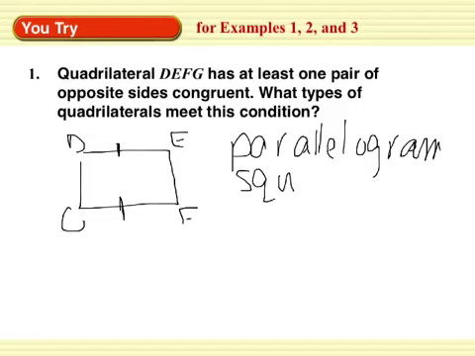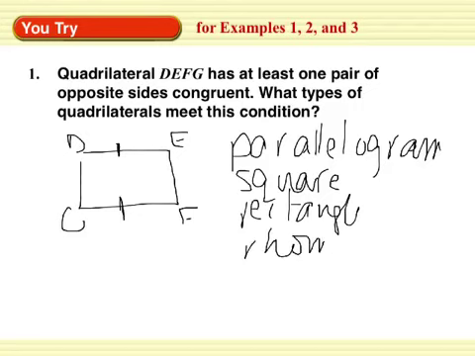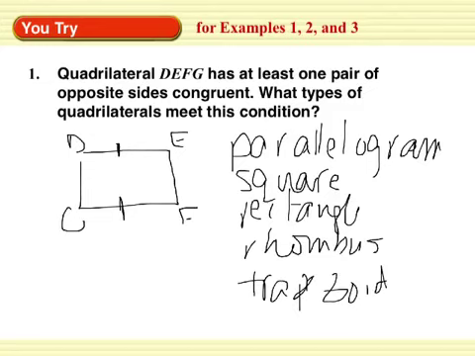A square, a rectangle, a rhombus. It could be a trapezoid too. If you think about a trapezoid, if it were like this, and those were congruent. I think that's it. Good job.